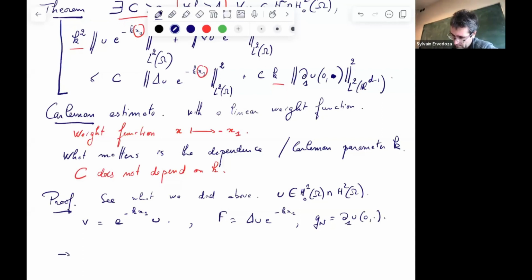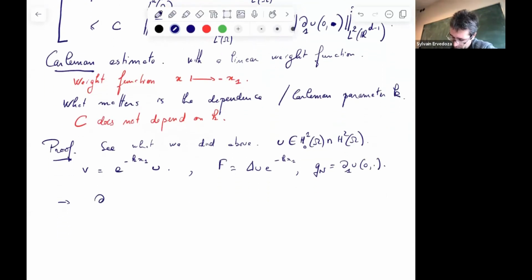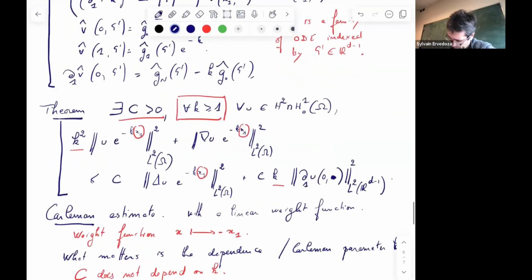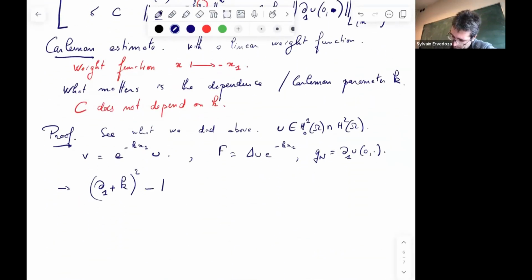So we had at the end d11 minus k. No, sorry, it's with a plus, yes. It was with a plus. Minus psi prime square of v hat of x1 psi prime equal to f hat of x1 psi prime.